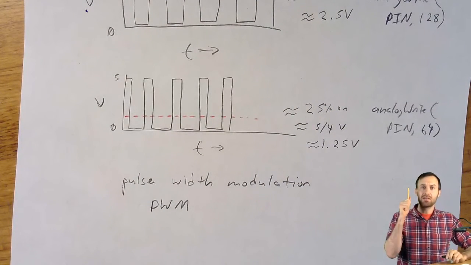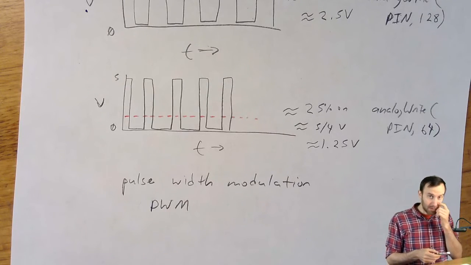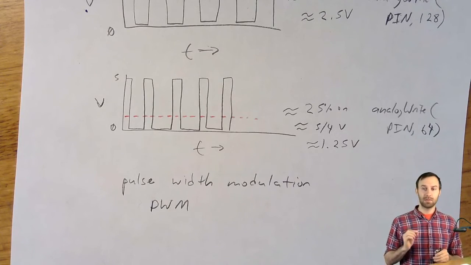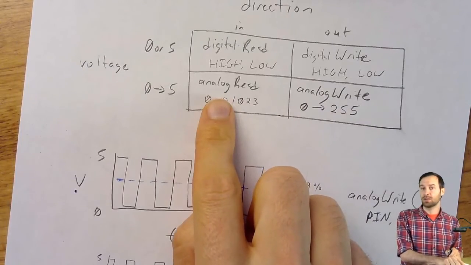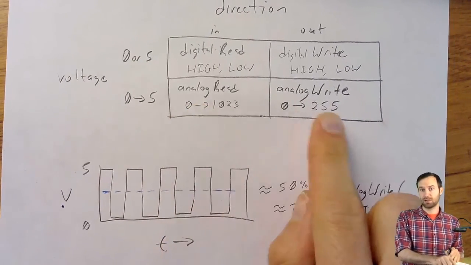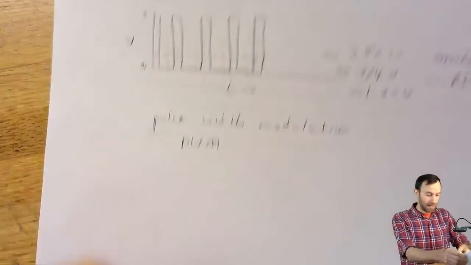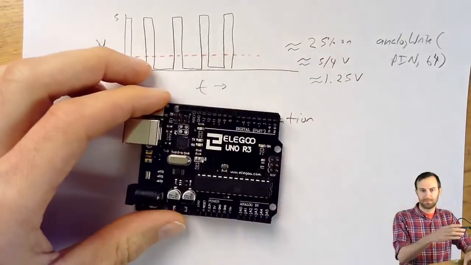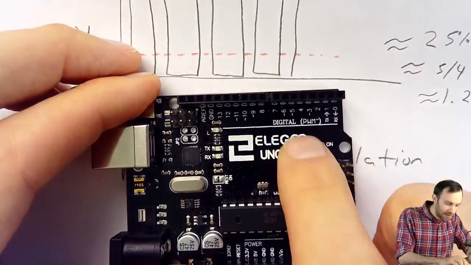Now, this is not available on all of your pins. It's crucially not available on any of the analog input pins. You might be thinking, oh, analog in, analog out. So if I do analogRead on pins A0 through A5, maybe I could do analogWrite on those pins. No, different pins altogether. Take a look at your Arduino. Notice this funny little notation here.